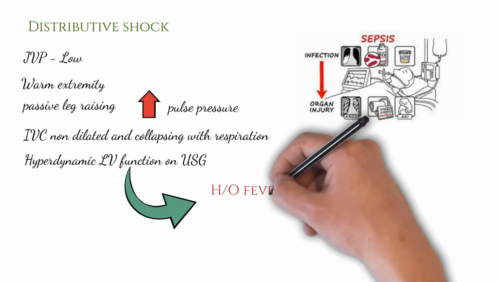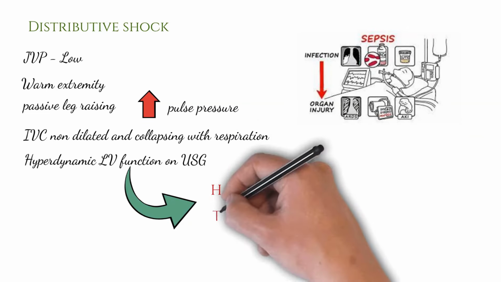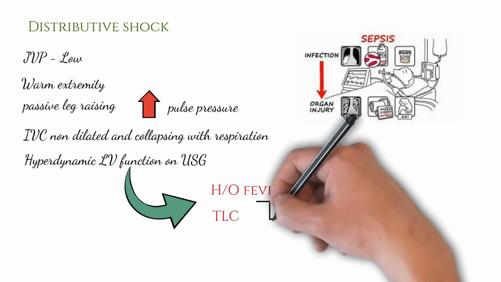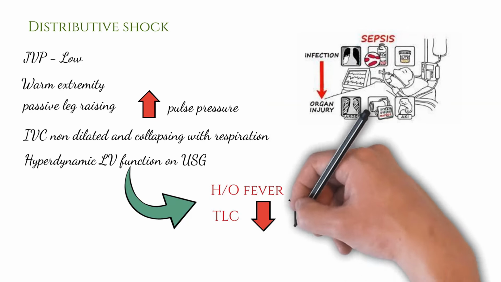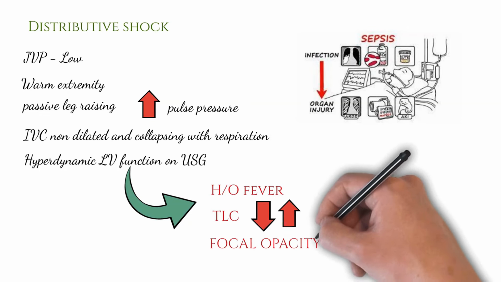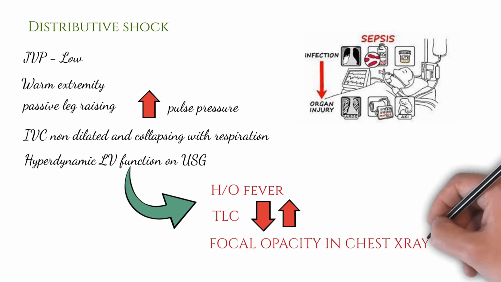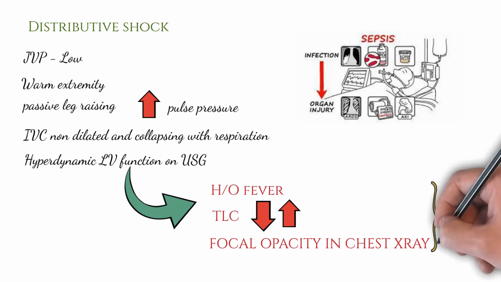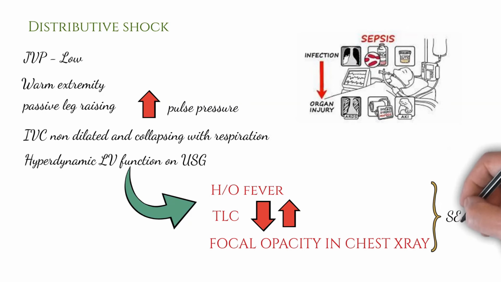And on blood analysis, the TLC count can be low, less than 4,000, or it can be more than 11,000, which indicates sepsis. There can also be focal opacities in the chest X-ray. All these point to the source of sepsis. So friends, this was all about distributive shock.